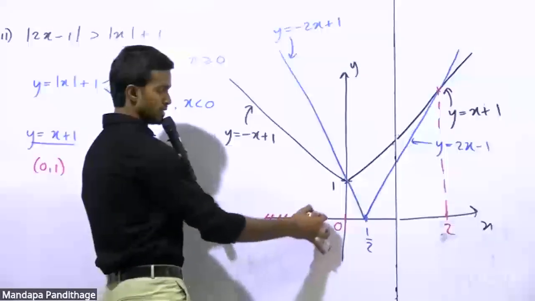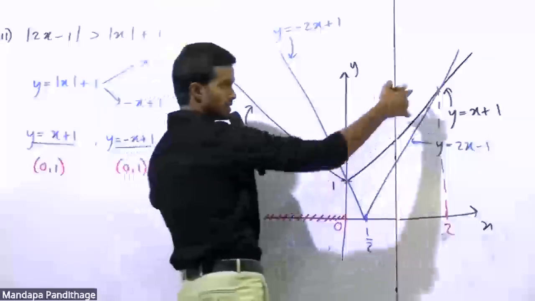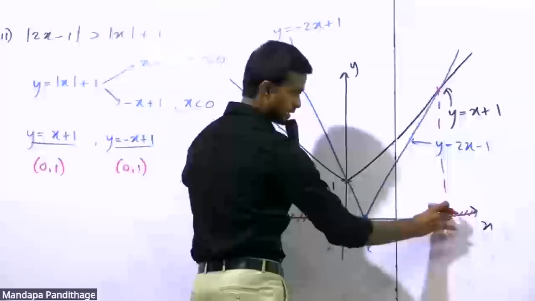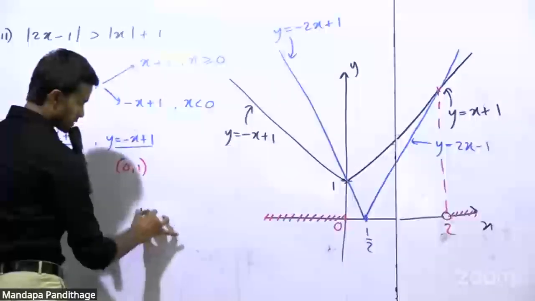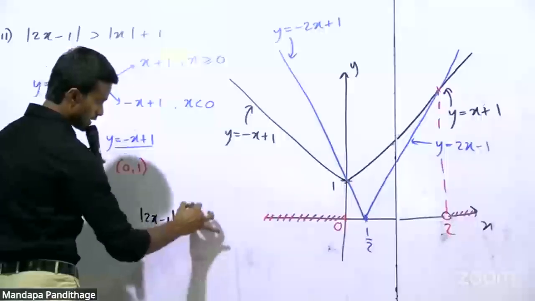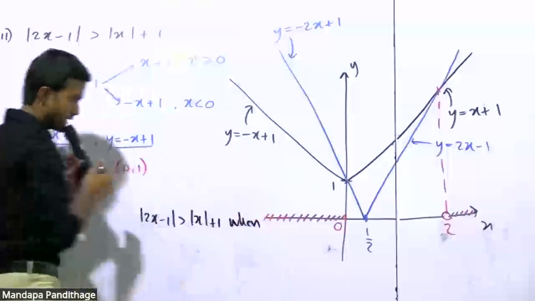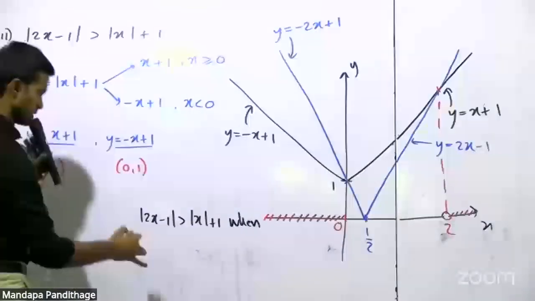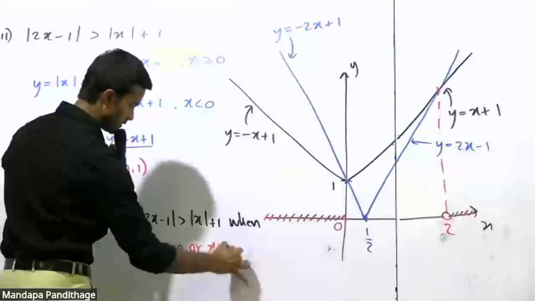After this one, the black colored one is greater. Again, after this intersection point, the blue colored one is greater. So you get the answer that modulus of 2x minus 1 is greater than modulus of x plus 1 in the shaded region: x is less than 0 or x is greater than 2.